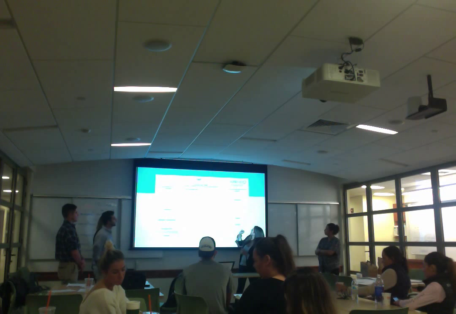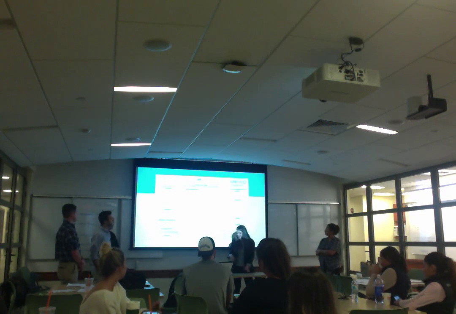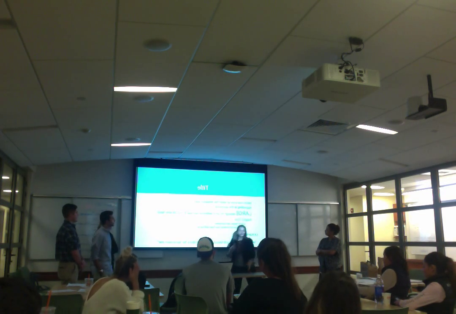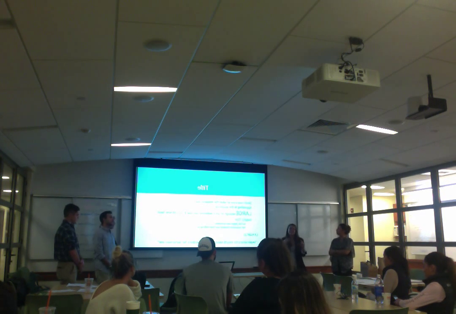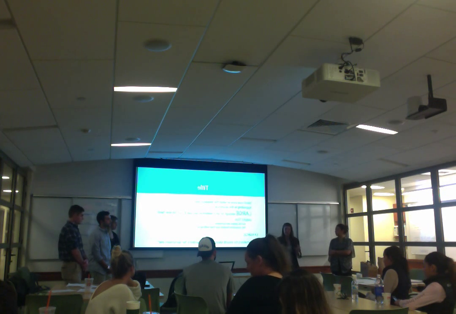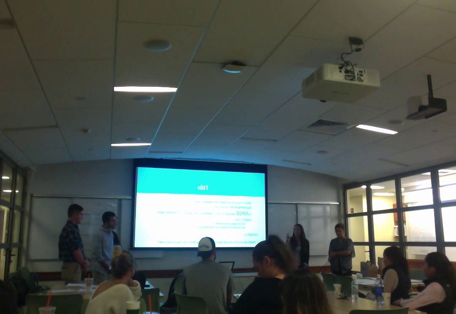Here's just a general layout of what your research poster should look like. You got to start with the title. And I know you think the title of your research paper is supposed to be so eloquently worded and make your professor be like, oh wow, they know what they're talking about.